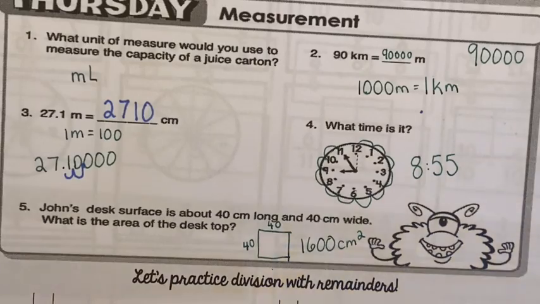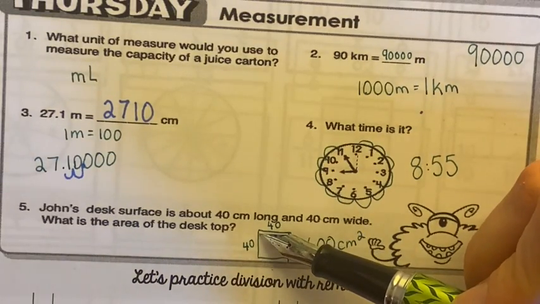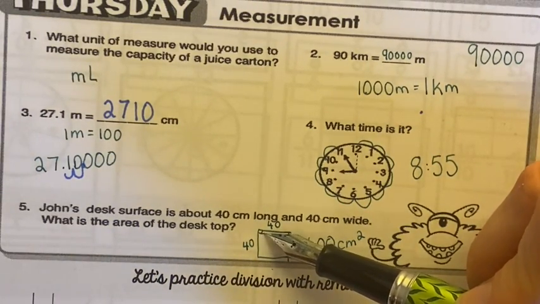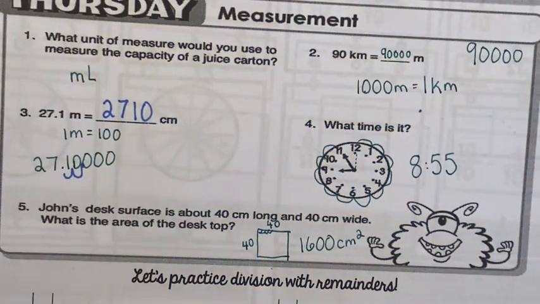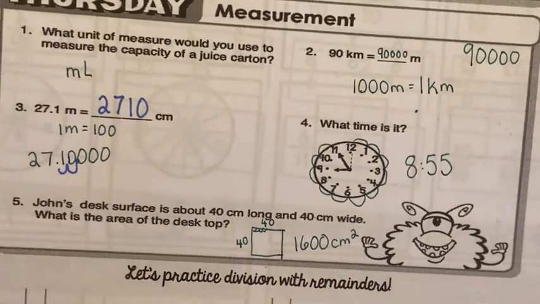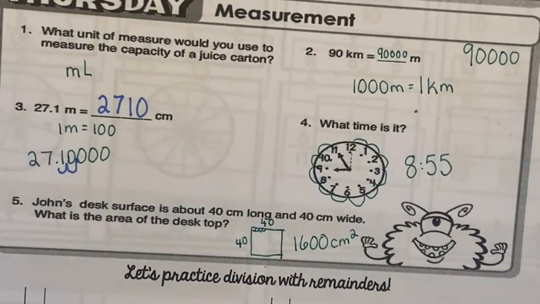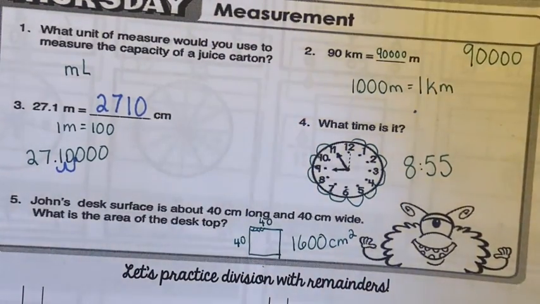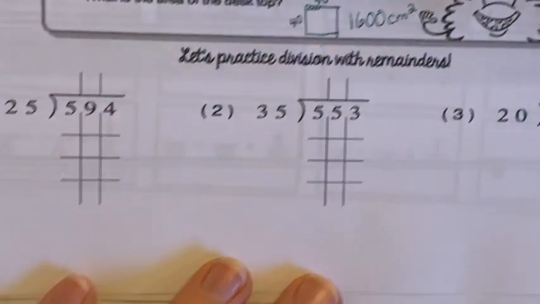So it's 1,600 centimeters squared, which means that you could fit 1,600 little tiny squares in there that were each a centimeter. Or if you had centimeter blocks, you could fit 1,600 on there.